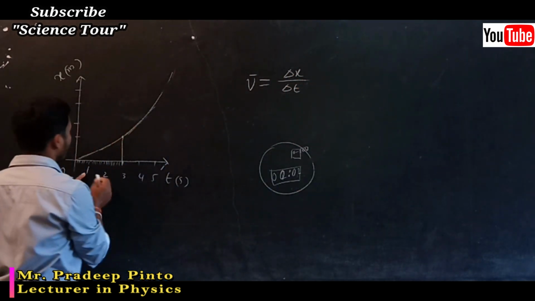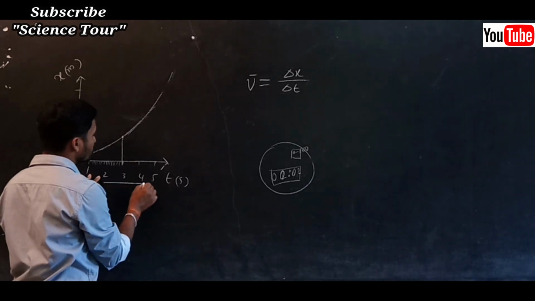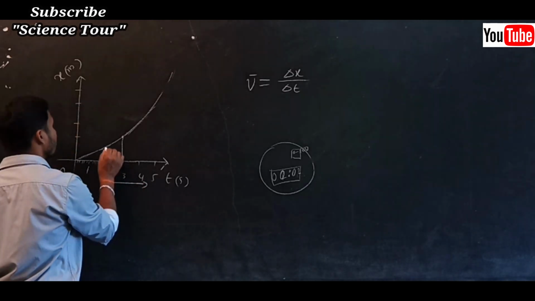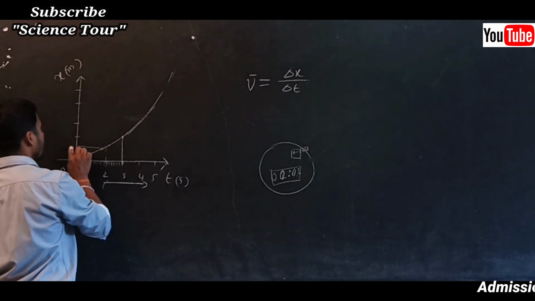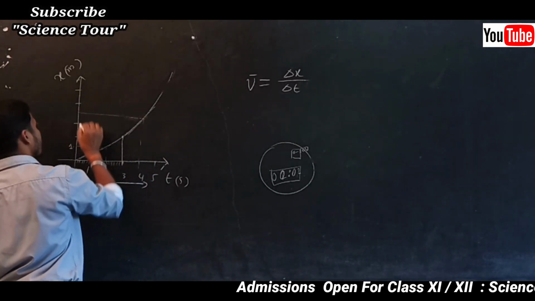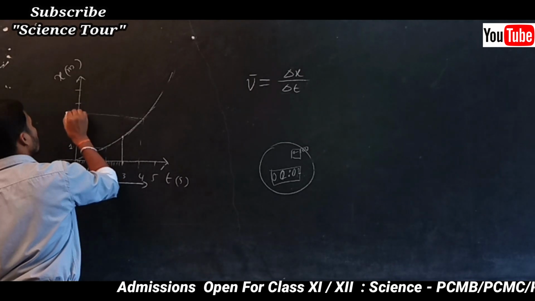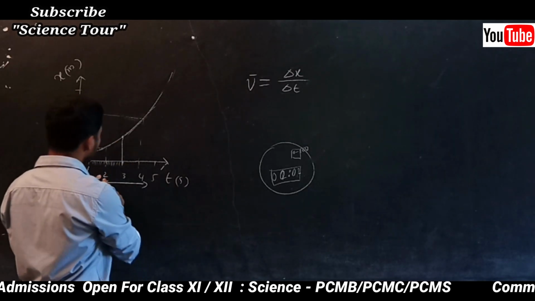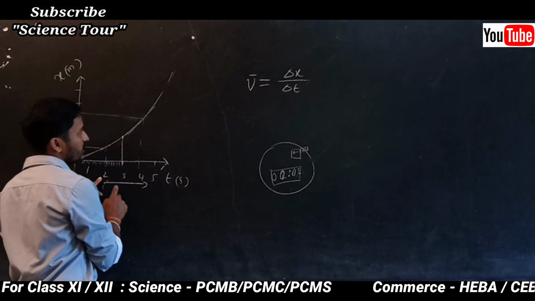So in the time interval 2 to 4, at 2 the position is here, 1 meter, and at 4 it is somewhere here, 2.5 meters. The interval is 4 minus 2, which is 2.